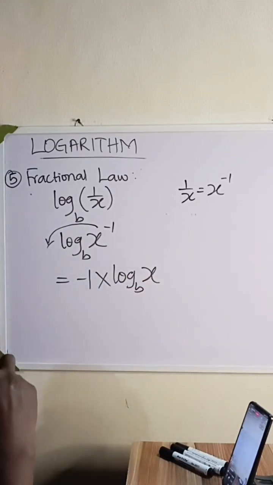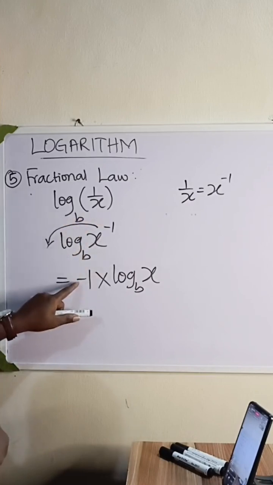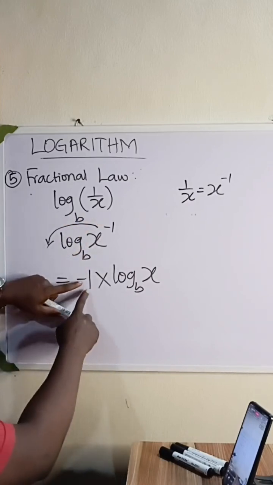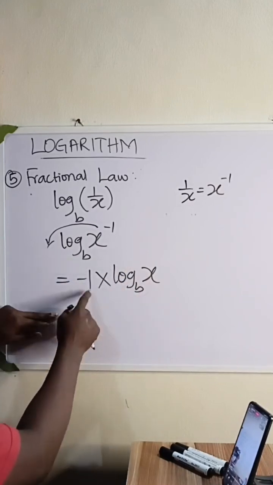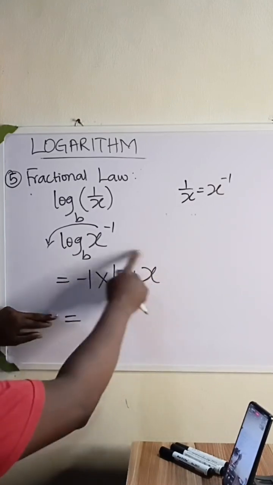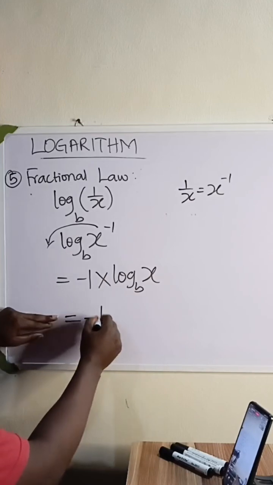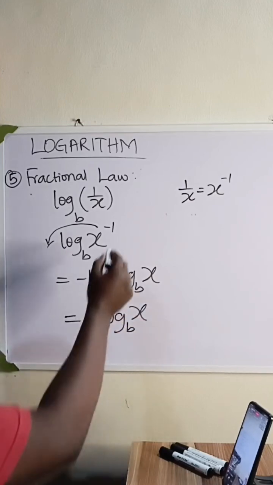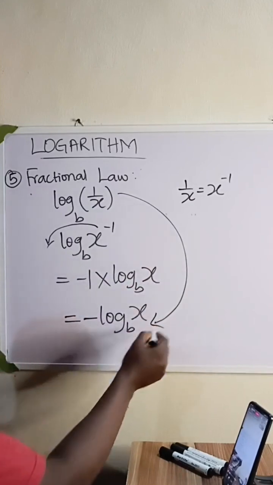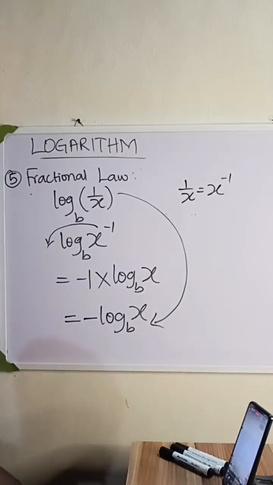That's why I said the understanding of the first 3 laws will help us out in understanding the remaining laws. So we've moved this exponent to the front. Now, 1 multiplied by anything is that thing. So minus 1 multiplied by anything would be that thing. So we have minus log x base b. So that's how we move from here to here. Okay, let's continue.